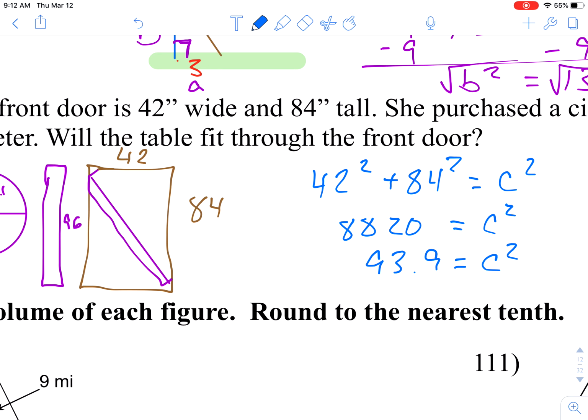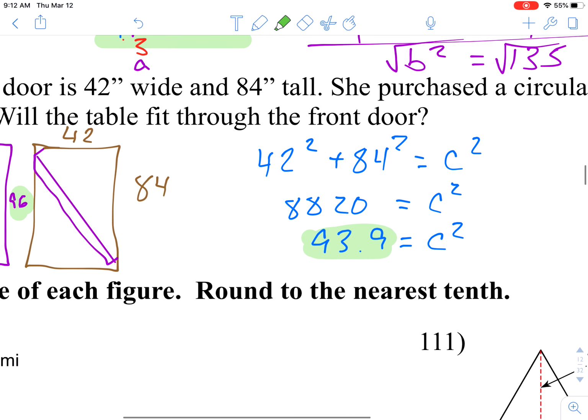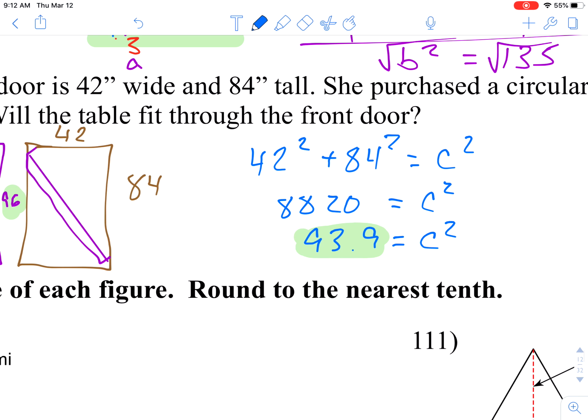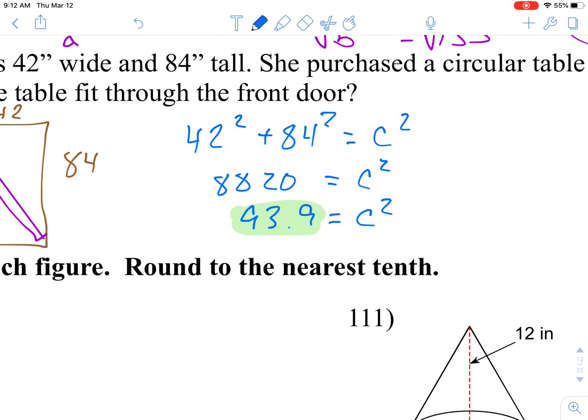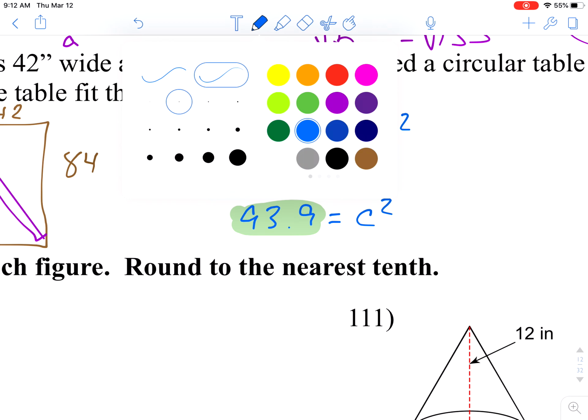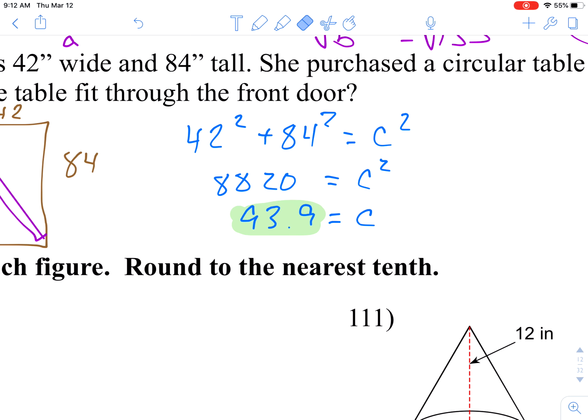And so then we got to compare the 96 to this 93.9. And so we need the doorway to be bigger than the table, so we need whatever c is to be equal to or greater than 96.